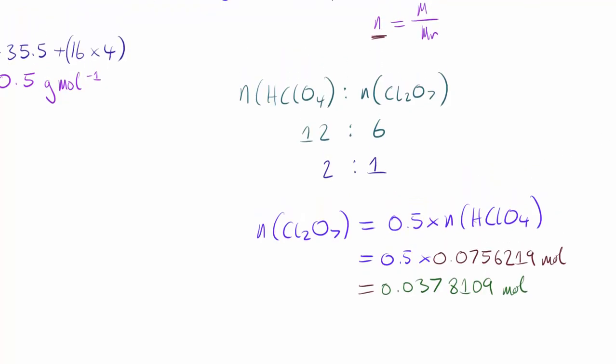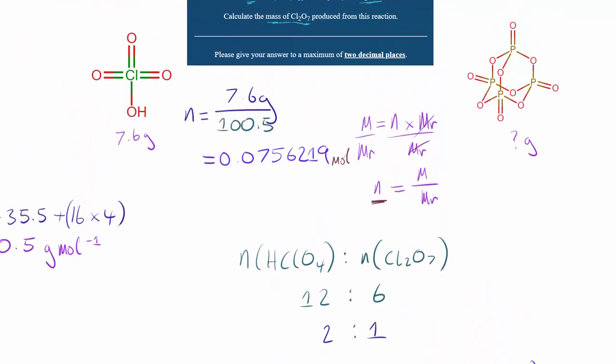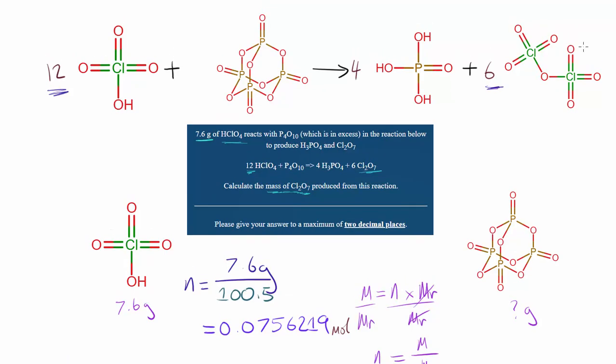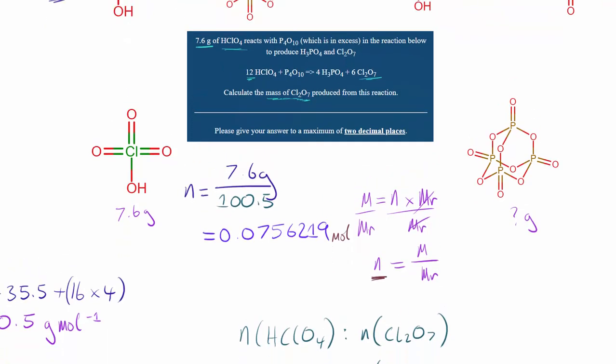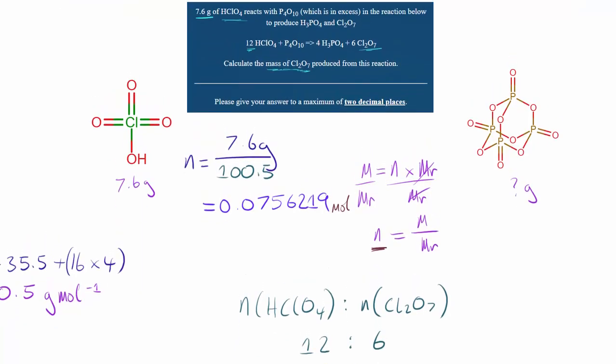So we've now calculated the amount of substance of the Cl₂O₄, right? But what we need now is the molar mass of the dichlorine pentoxide, which we can calculate from the periodic table.